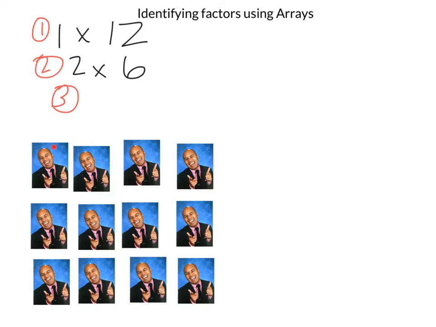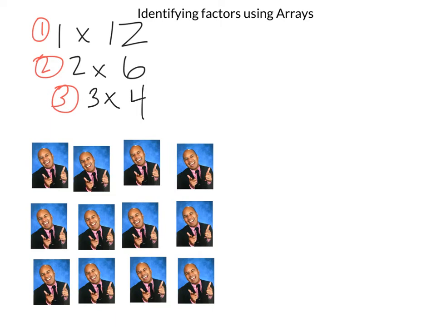We've got 3 rows, 1, 2, 3, of how many pictures? 1, 2, 3, 4. We've got 3 rows of 4, sorry. 3 rows of 4. And it's going to be the same thing if we did 4. This is flipped, because 4 times 3 is the same thing.